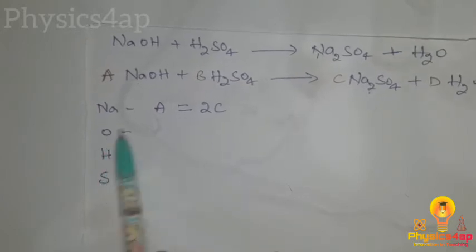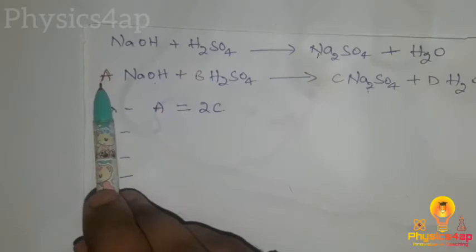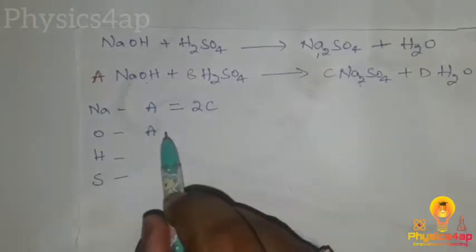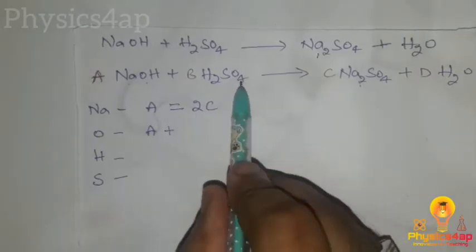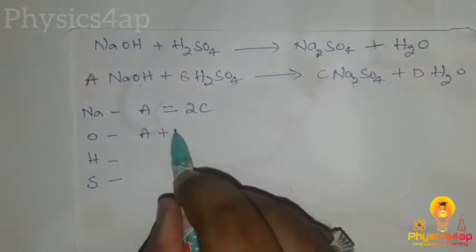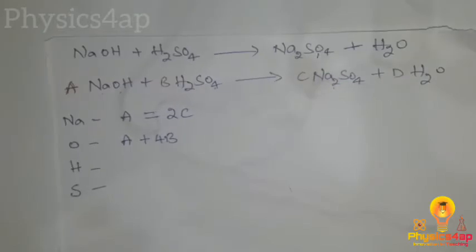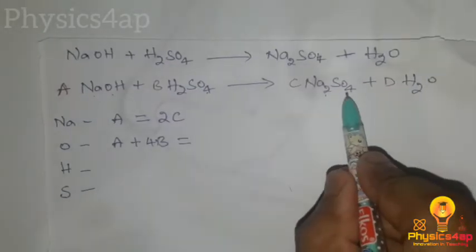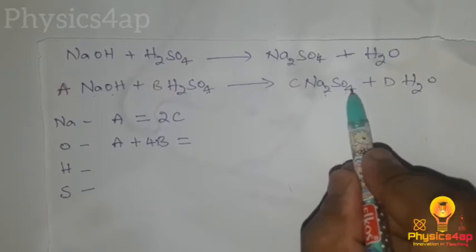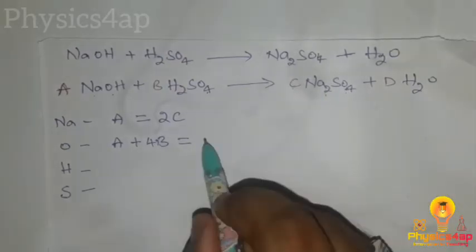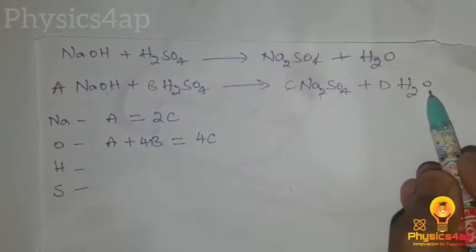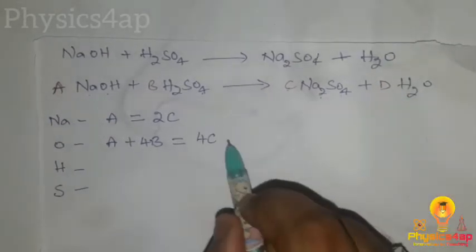And coming to the oxygen, here we have 1 oxygen, so 1 into A, 1A, plus 4 oxygens, so 4 into B, 4B, equals the number of oxygens here, that is 4 into C, 4C, plus the number of oxygens over here, that is 1 into D, 1D.